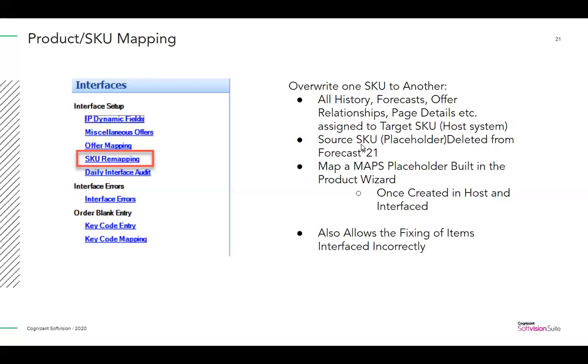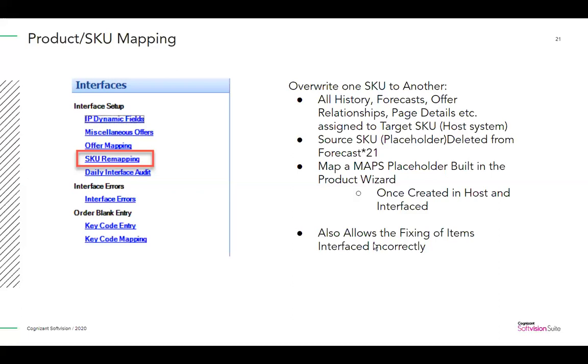The other option that you have with SKU remapping is that it does allow the fixing of items that are interfaced incorrectly. So some examples of that would be, let's just say you've added an additional space between the descriptors, or you might have put a space prior to the actual product number, or you've got a spelling error in the system and you want to correct that.